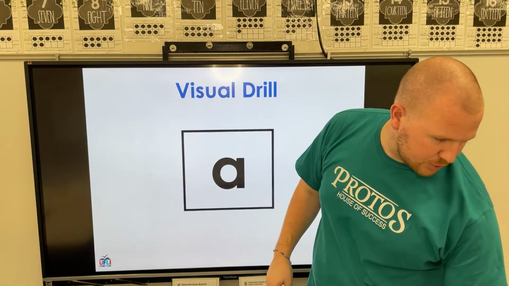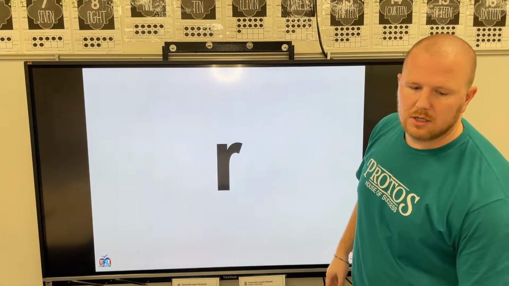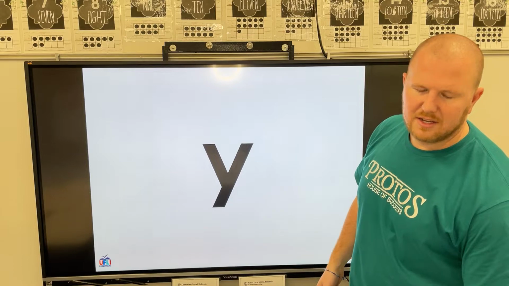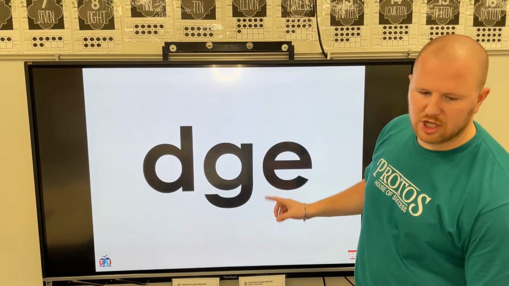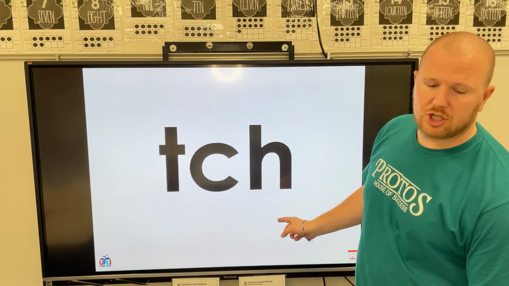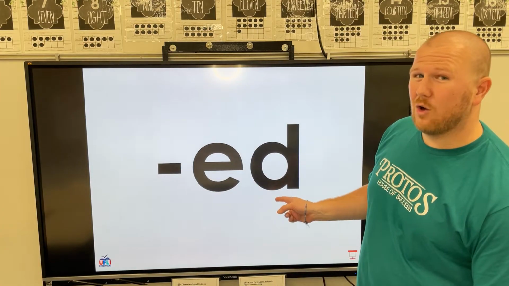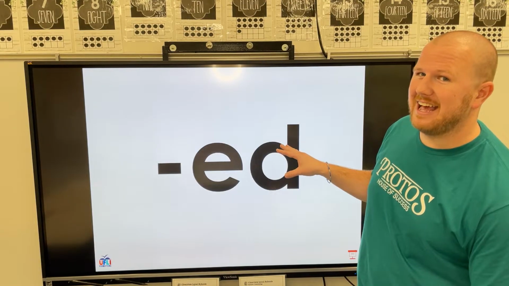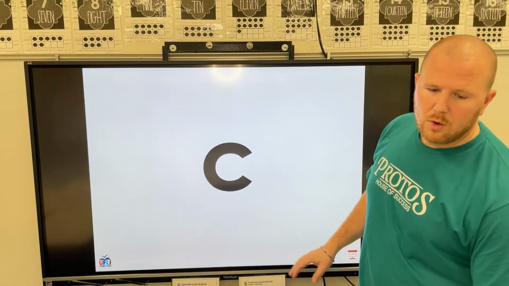Now we're moving on to our visual drills. So tell me, what does this say? Or. I or E. Very good. J. G or J. Ed or T or D. Okay, it only says ed if it's after a D or a T, but everything else is either D or T. Okay, what about this?